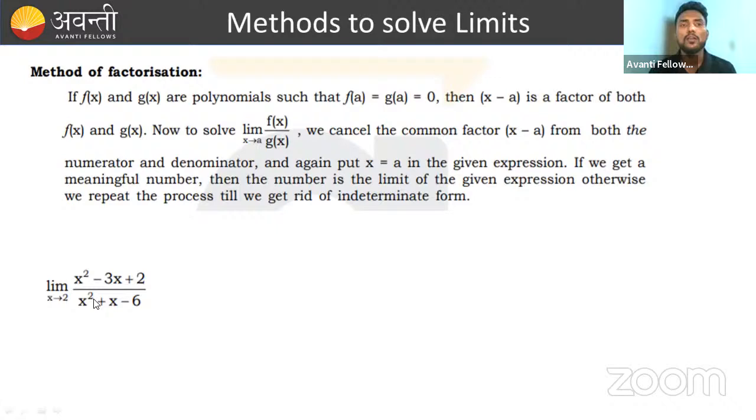Similarly, we have the method of rationalization also. In the previous class I discussed that if it is coming in 0 by 0 form or infinity by infinity form, you can use the rationalization method also. Clear, right? Now we have seen so many formulas like x to the power n minus a to the power n divided by x minus a.